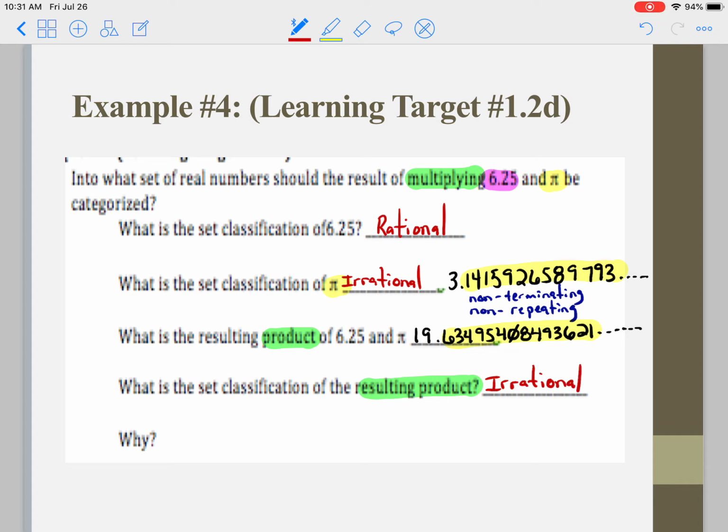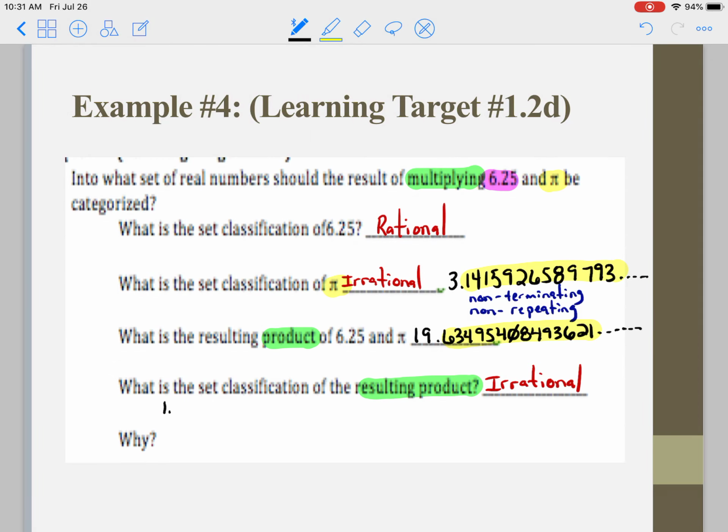Meaning that the resulting product is once again irrational. So we can conclude that the product of a rational and irrational number will assume the properties of the irrational number. Now, why is this?